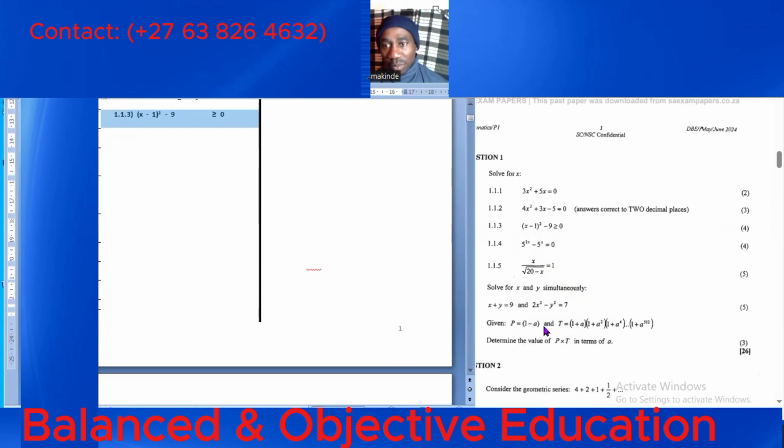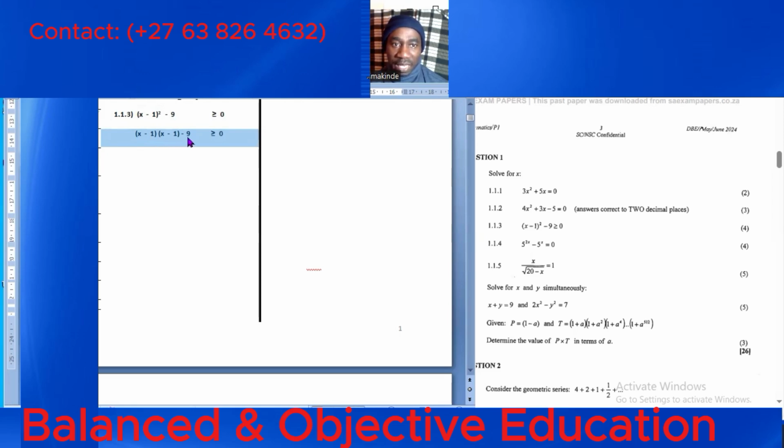So in question 1.1.3, we're given this quadratic inequality, (x minus 1) all squared minus 9 greater than or equal to 0. All right, so let's see how that works out. So what we do is, let's try to simplify things. So this (x minus 1) all squared is the same thing as (x minus 1) multiplied by (x minus 1).